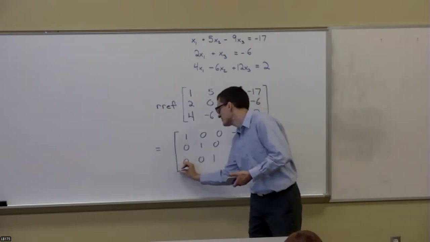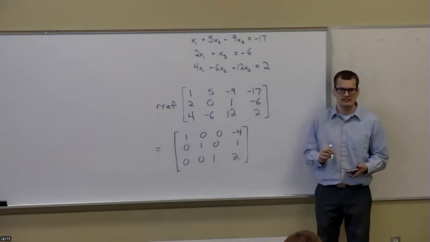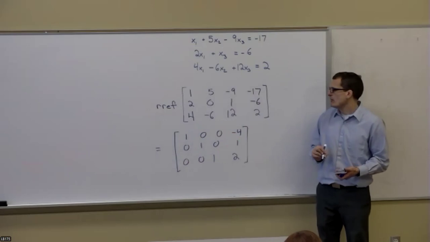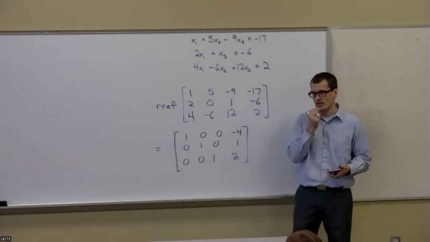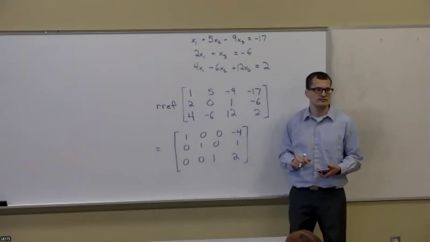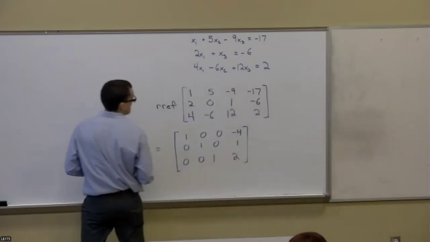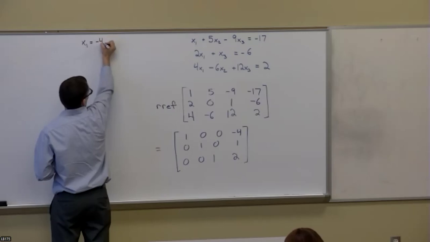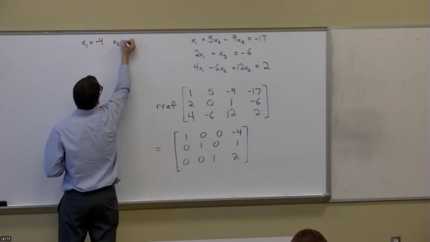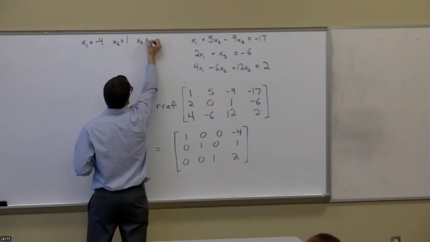When I did this, I ended up with a row reduced echelon form that looks like this. -4, 1, 2 on the right-hand column, and then my ones on the main diagonal everywhere else. So this means that x1 would have to be -4, x2 would have to be 1, and x3 would have to be 2.